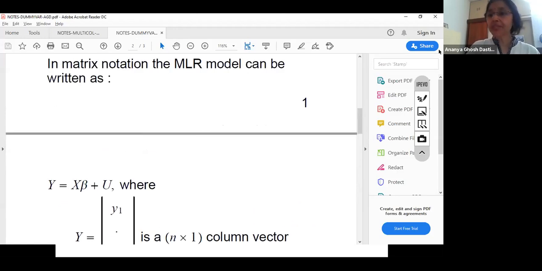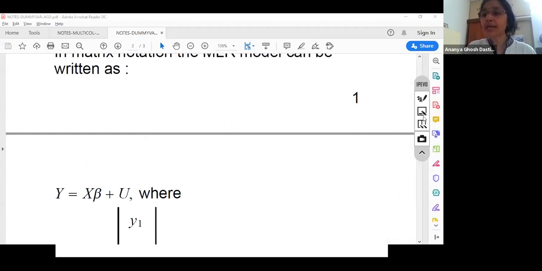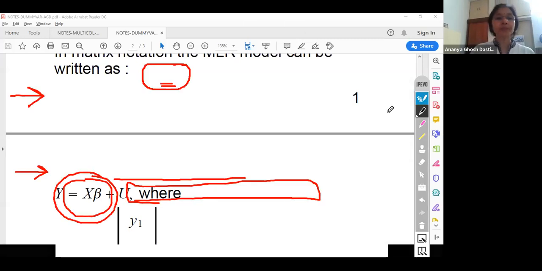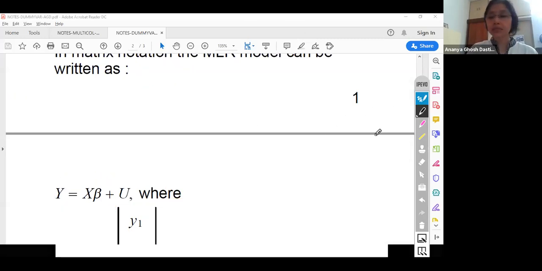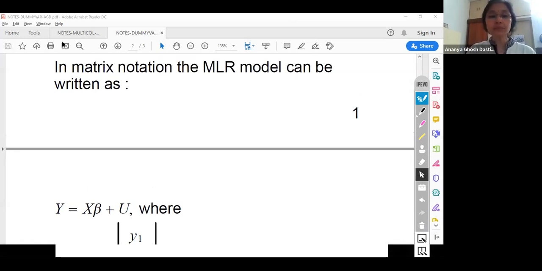In matrix notation, my multiple regression model can be written out as follows.